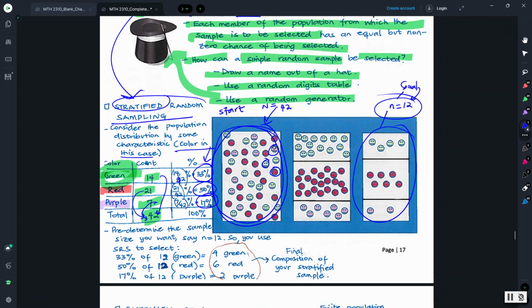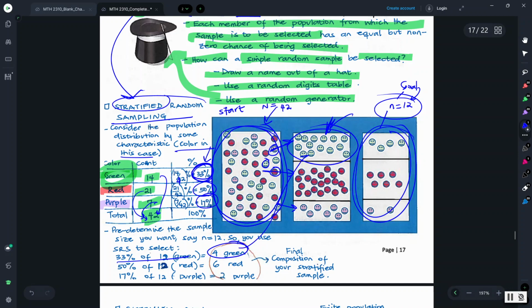What I mean is we're going to separate all the green faces, the red faces, and the purple faces. And then out of this number, this 14, we're going to say that 33% of the 12 that we finally need should come from the green. So 33% of 12 will be 4.